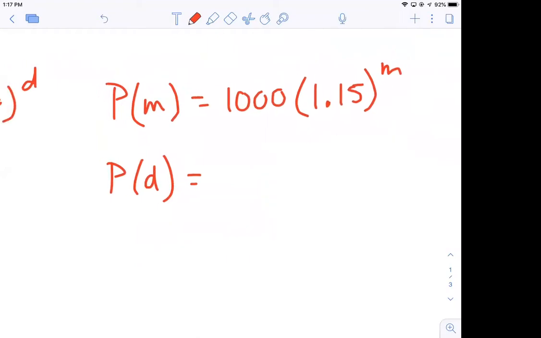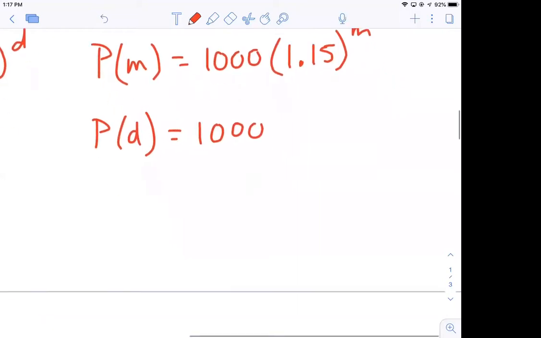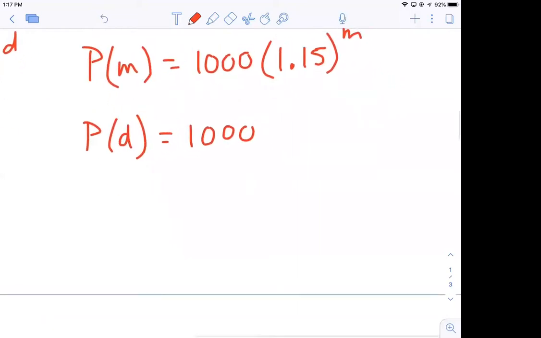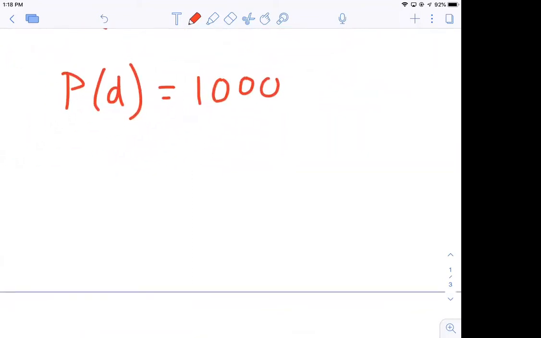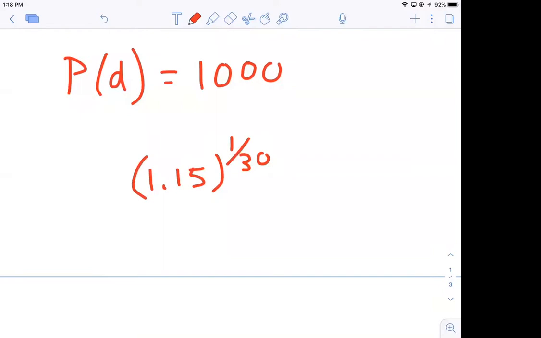So let's change this to the number of ants as a function of days for Pedro. If it's a 15% increase over a month, and we're assuming there's 30 days in a month, his daily rate of increase then is going to be 1.15 to the 1/30th power, 30 days in a month. So each day, it's going to be the 30th root of the monthly growth factor. Does that make sense?